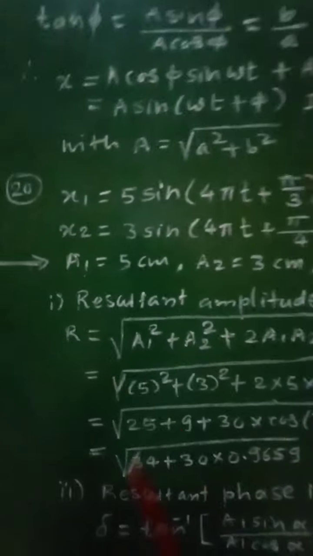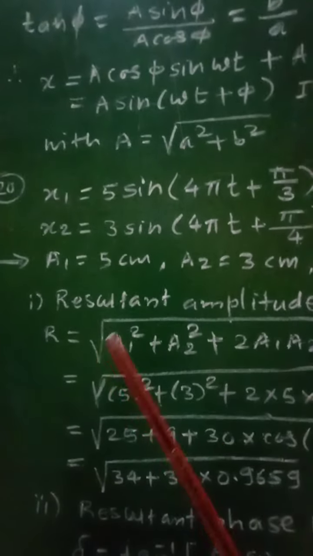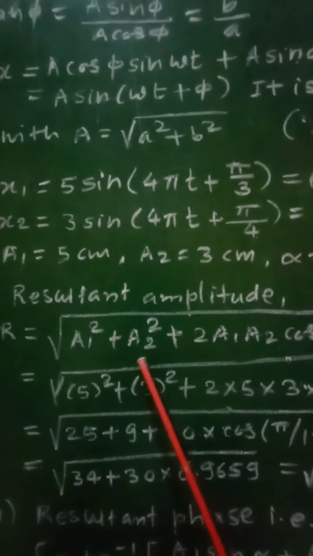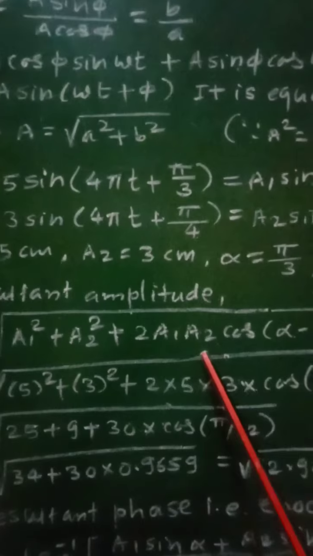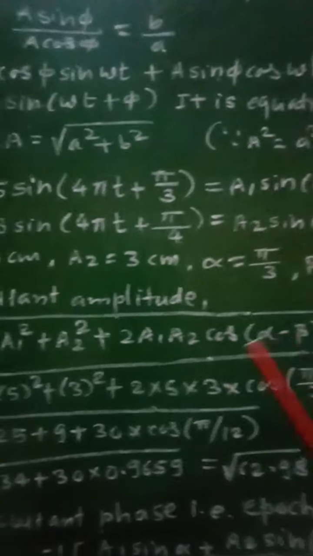First of all, we will calculate the resultant amplitude of the SHM. The resultant amplitude R is given as the square root of a1² + a2² + 2a1a2 cos(α − β).